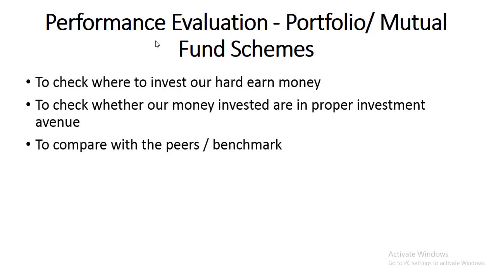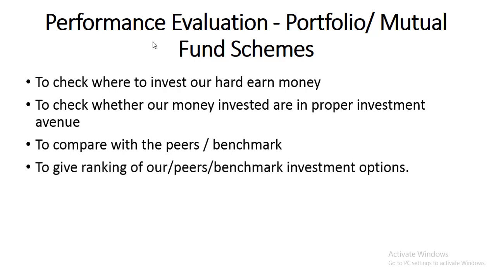So we will identify how CNX 100 is performing and how this mutual fund is performing, and we are going to make the comparison. We give a ranking of our investment against peers and benchmark, and that is why evaluation is necessary.